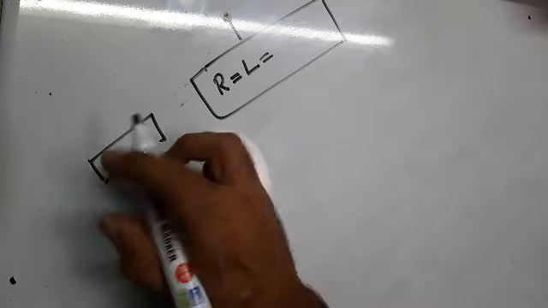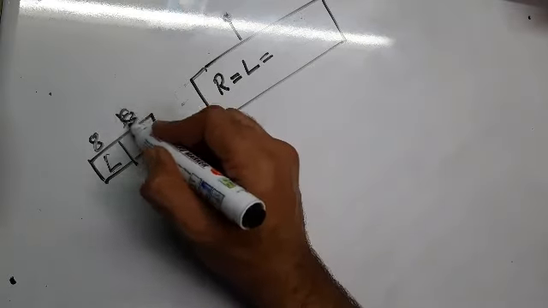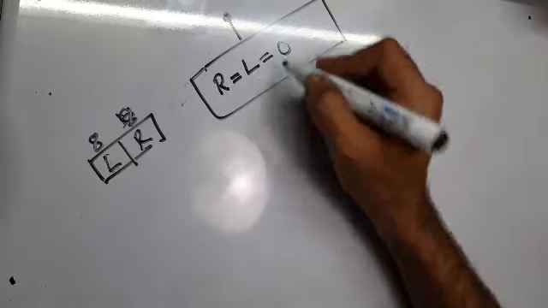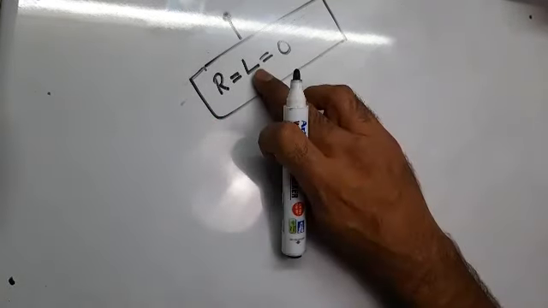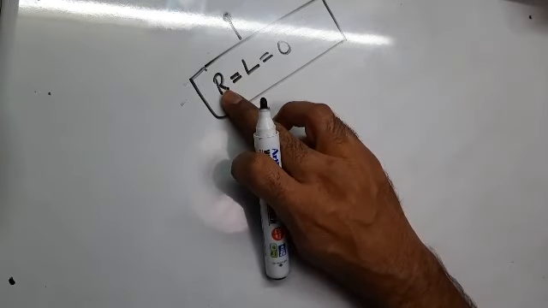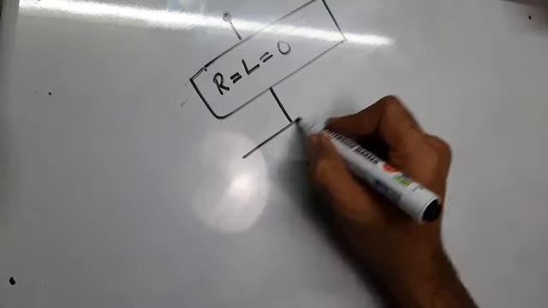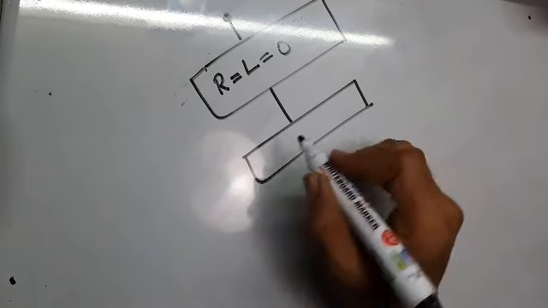So left and right are both 8 bits. Initially these checksum values are 0. So I initialize left 8-bit checksum equal to 0, right 8-bit checksum equal to 0. Then I need to add data words, which are of size 8 bits.